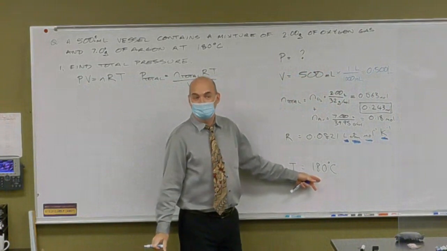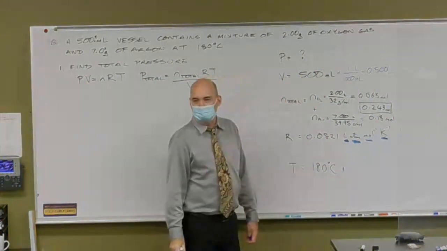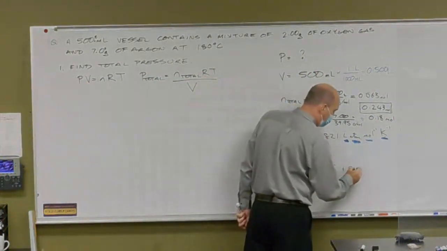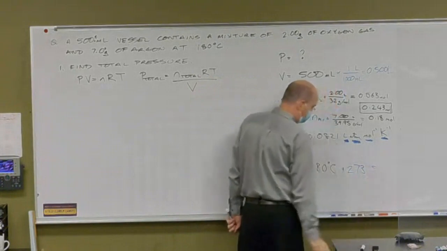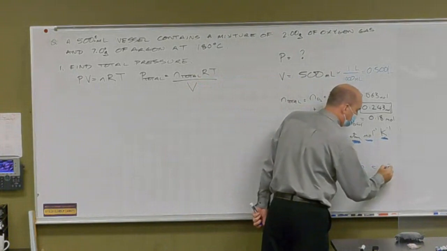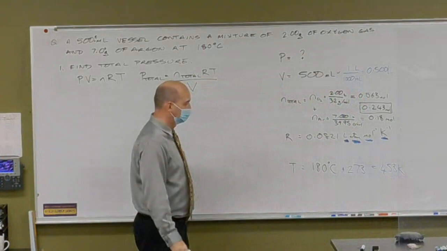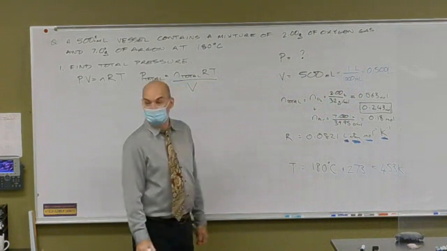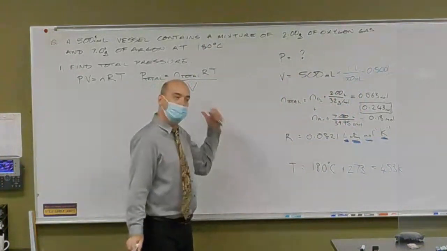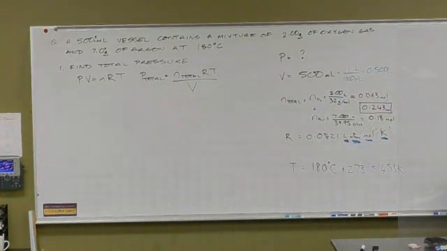That's a high temperature-ish. What do I have to add to turn that into Kelvin? 273. Go ahead and add 273 to that. Okay, now put the numbers in. Put the numbers in and see what you get.